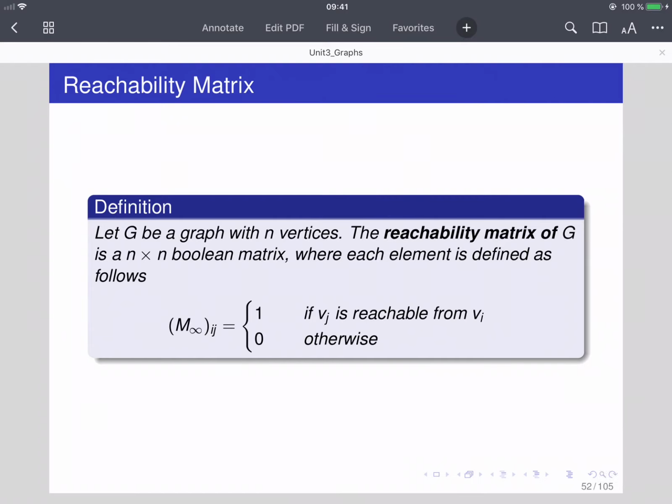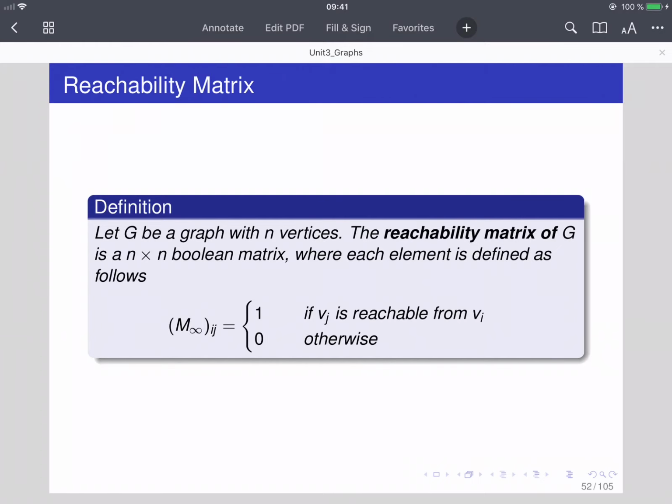So with this definition in mind, we can try to find what we are interested in, that is the reachability matrix. The reachability matrix is similar to the adjacency matrix, in which we had a 1 in position ij if there was an edge from vertex i to vertex j.